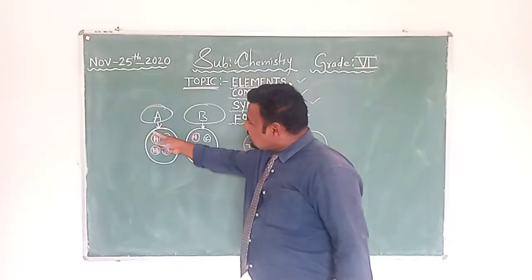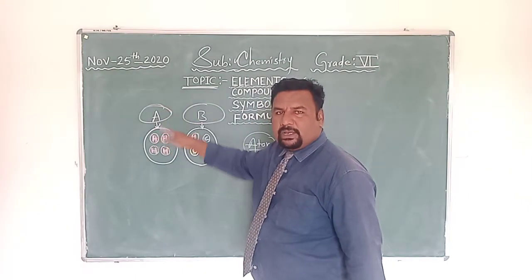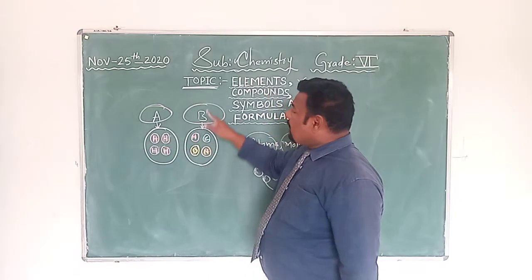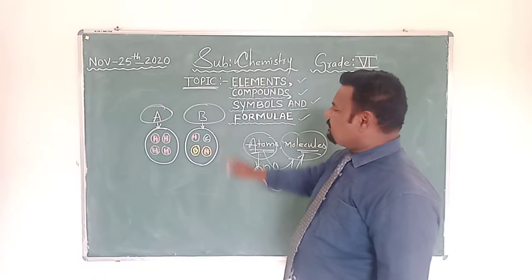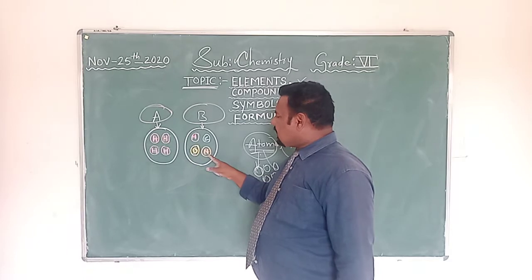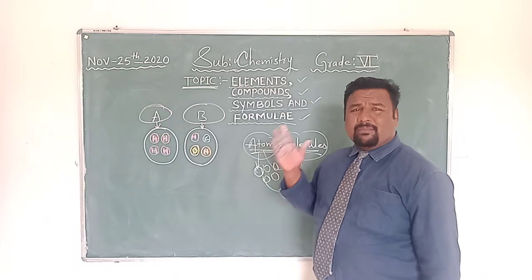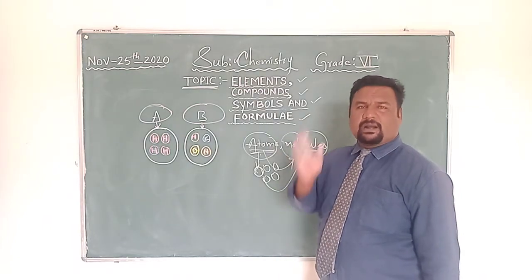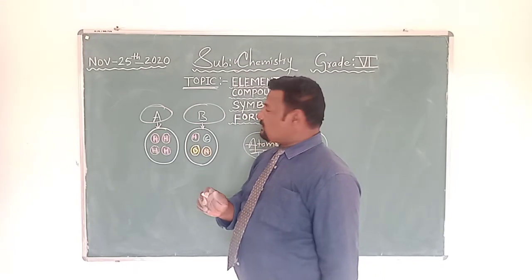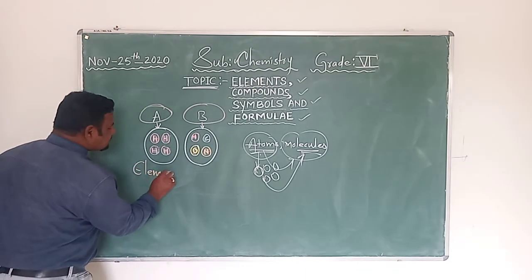Molecule A has the same, identical atoms, whereas the atoms in molecule B are different: one atom is hydrogen, another carbon, another oxygen, another nitrogen. So when a molecule is composed of identical atoms, it is called an element.